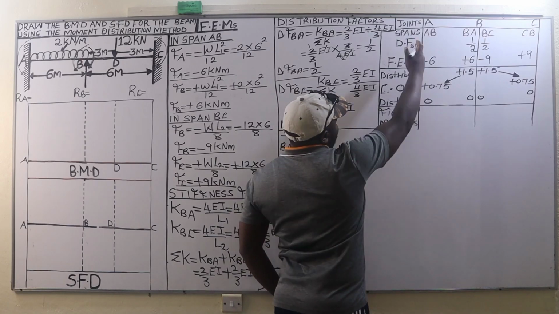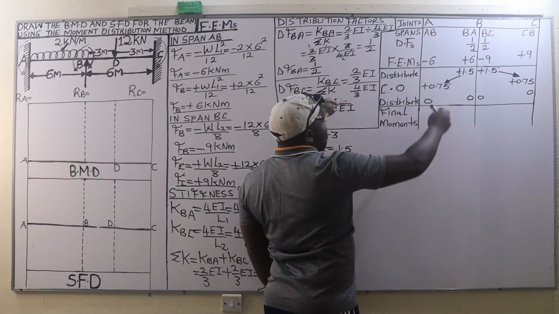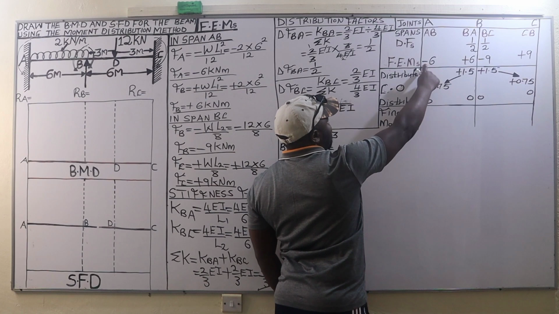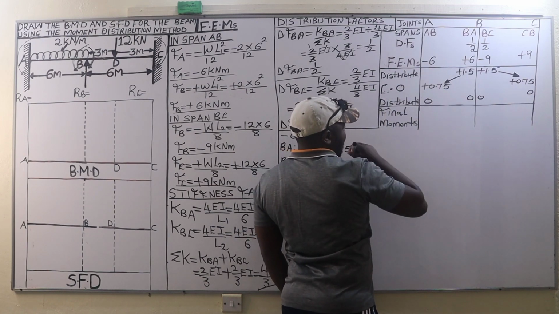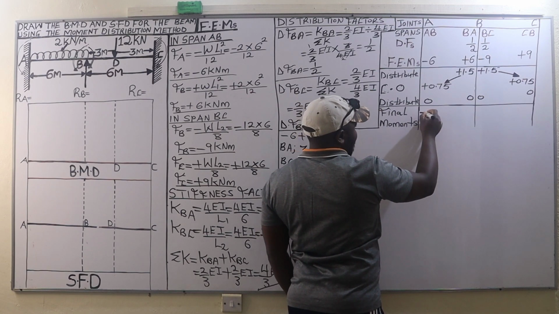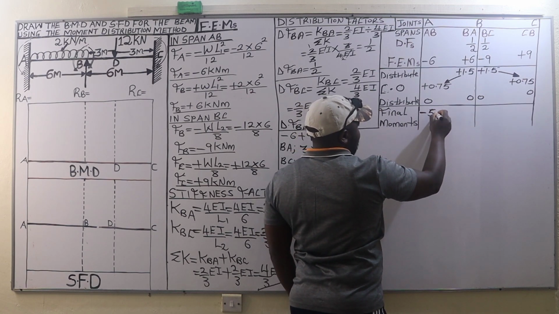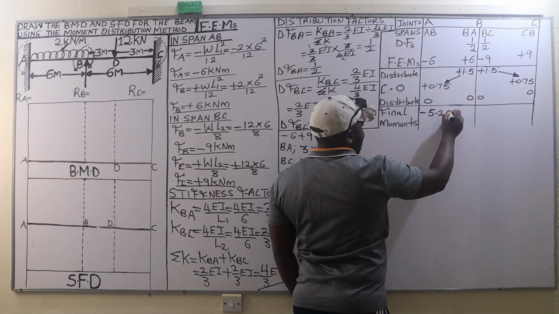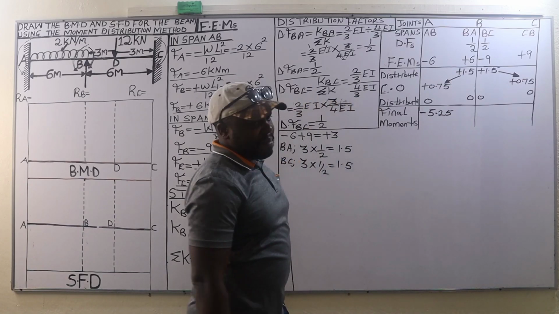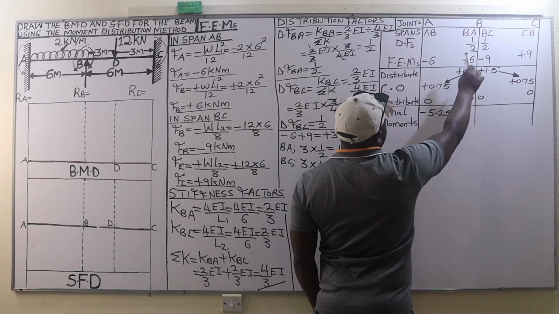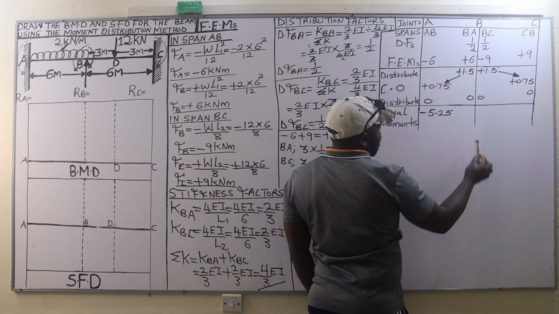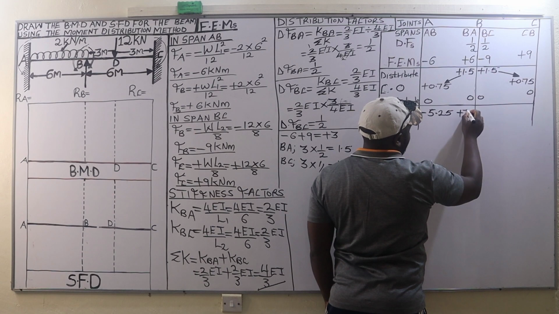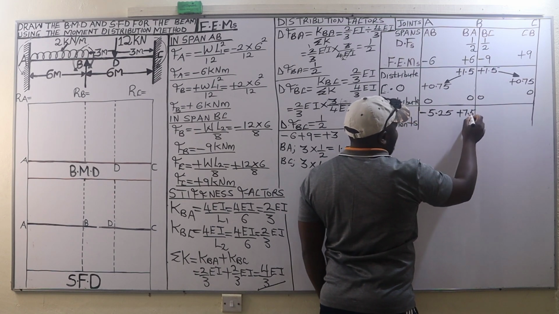For example, on the member AB, on the joint A, we are going to have fixed end moment of -6 plus positive 0.75, and that is going to be -5.25 kilonewtons meter. Then for joint B, we are going to have 6 plus 1.5, which is positive 7.5 kilonewtons meter.